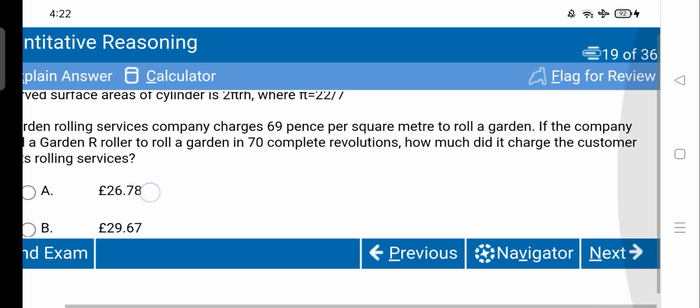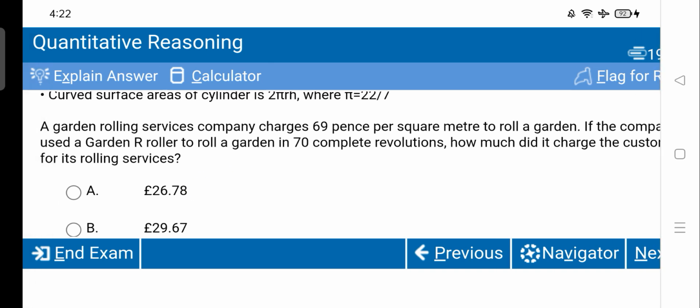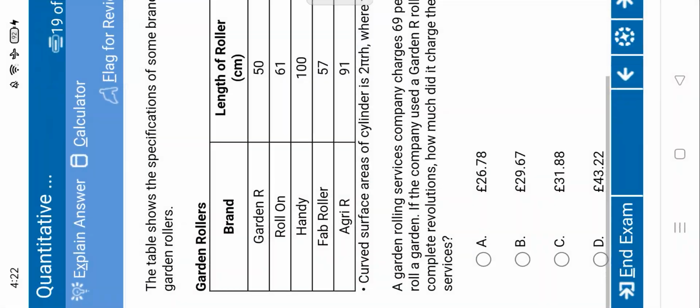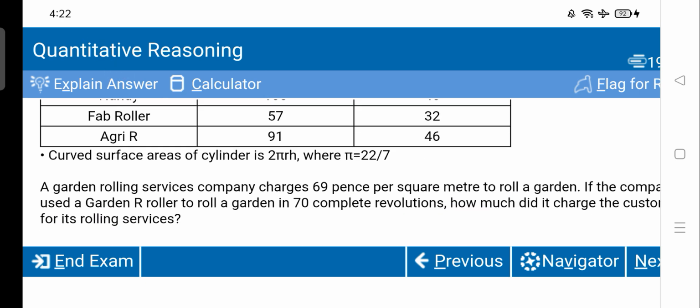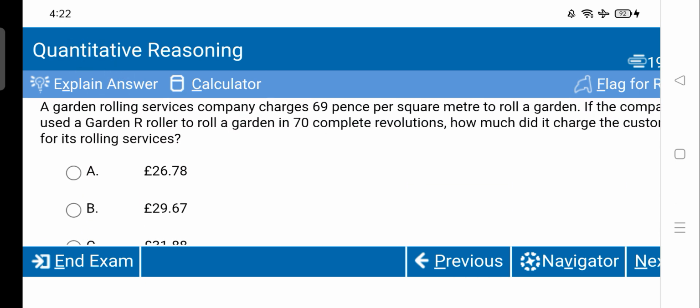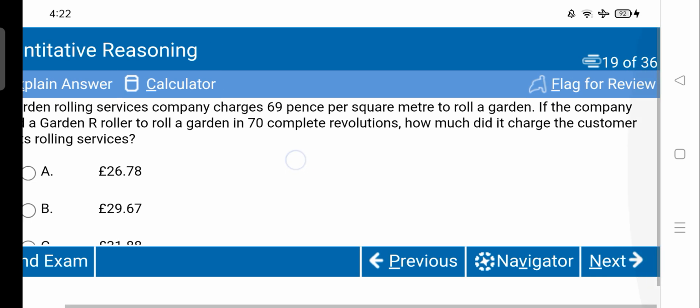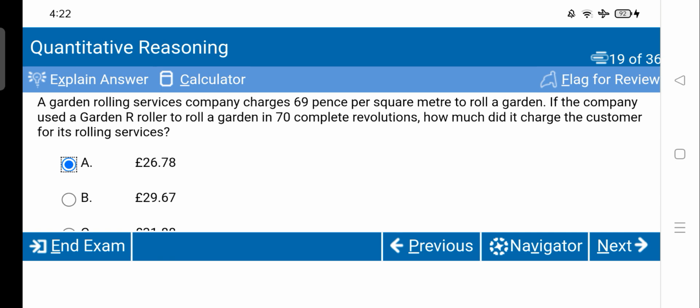If the company used a garden R roller to roll a garden in 70 complete revolutions, how much did it charge the customer for its rolling services?